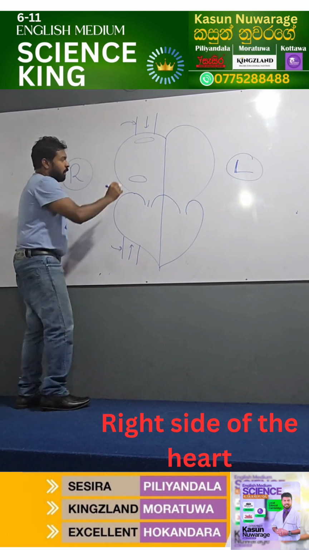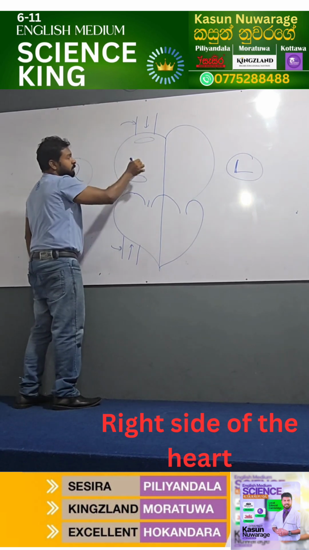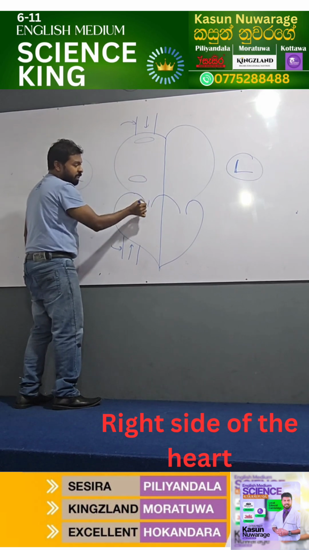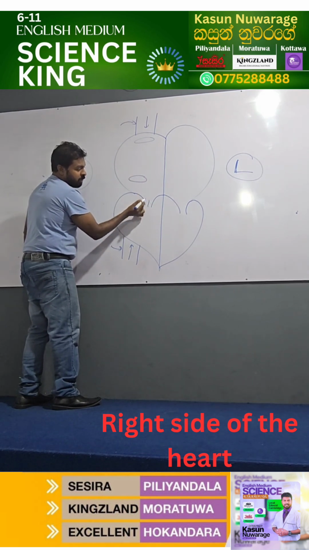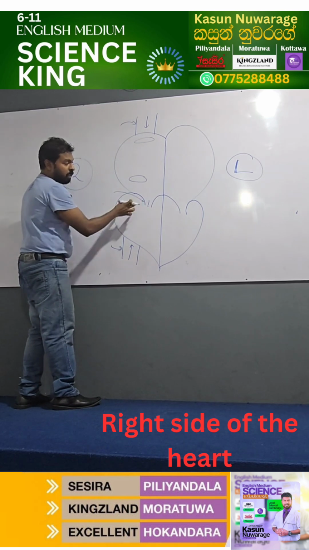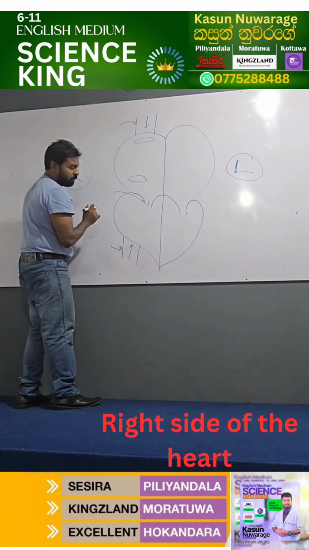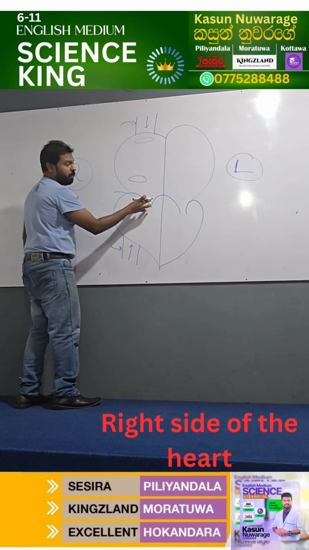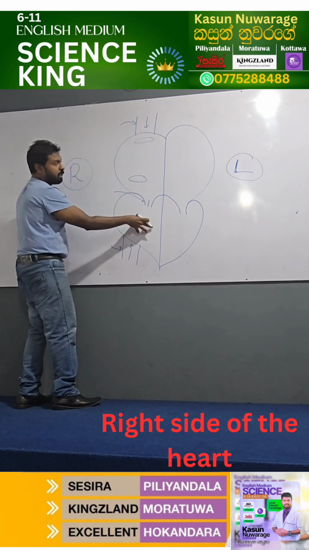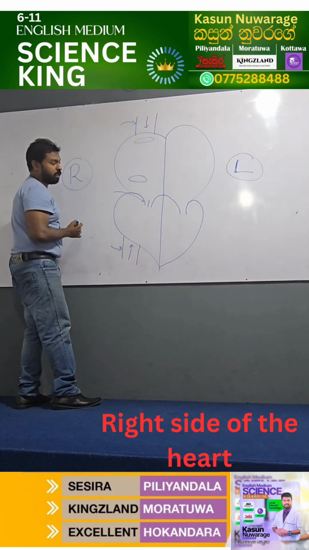Then blood filled into this chamber is moving through this special valve. We call that the tricuspid valve. Through the tricuspid valve, blood is moving into the right ventricle from the right atrium.